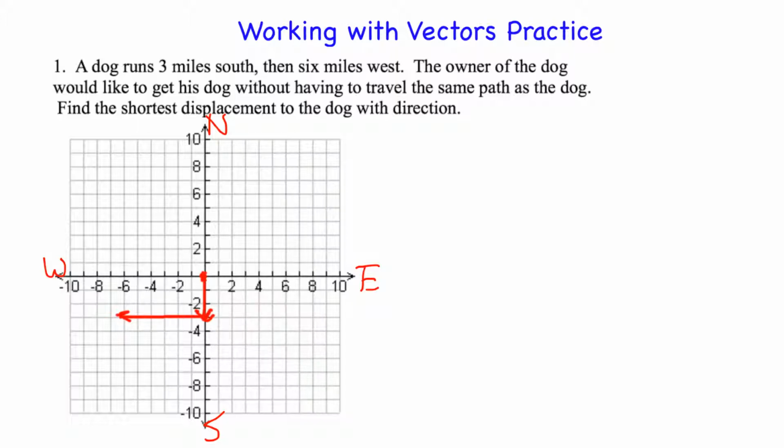Okay, now, you, the dog owner, need to go track down your dog, but you don't want to have to walk all that distance. You want the shortest distance between 2 points, and we all should know that that is a straight line. So you want to move in that direction, and you need to know how far that is. So this is a right triangle, just like we've been working with.